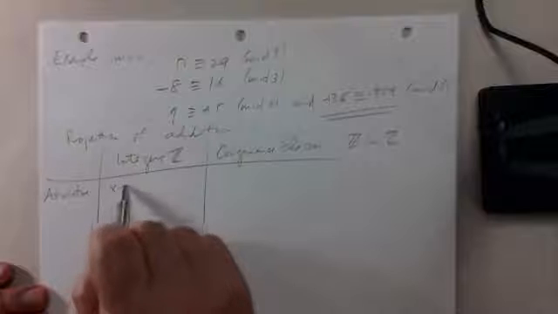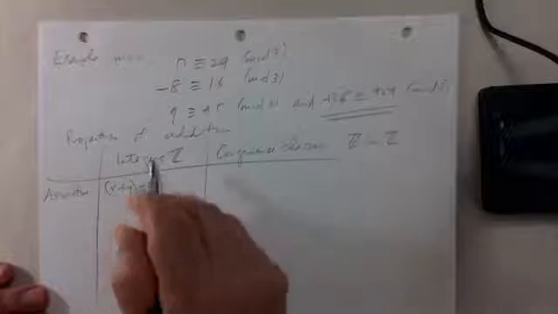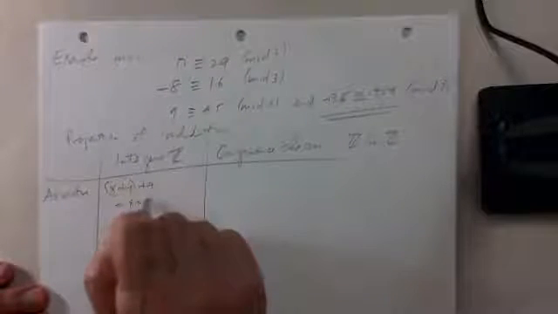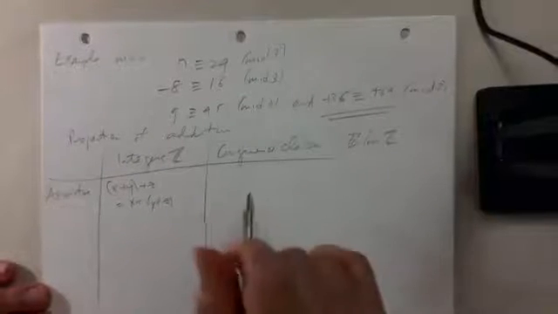So for any integers x, y, and z, (x plus y) plus z is x plus (y plus z). And you can check that the same is true for addition of congruence classes.